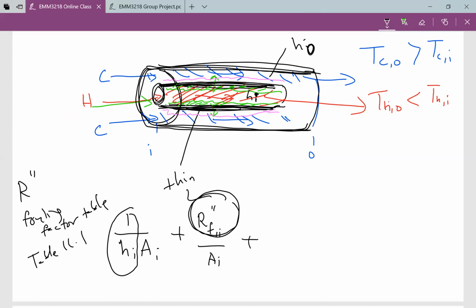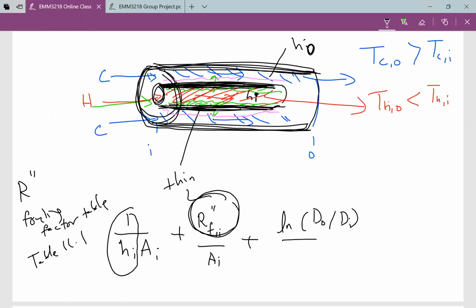And then plus, after fouling, you have that conduction across the solid of the tube, right? If we have a cylindrical pipe, most of the time we have cylindrical, then we're going to use the cylindrical wall equation, which is given by this.